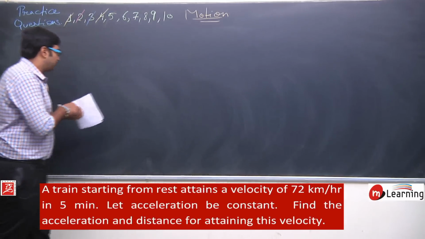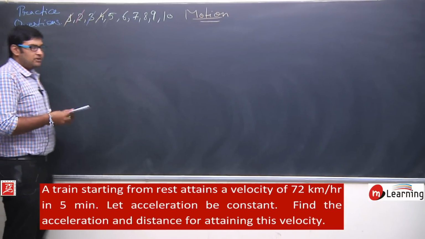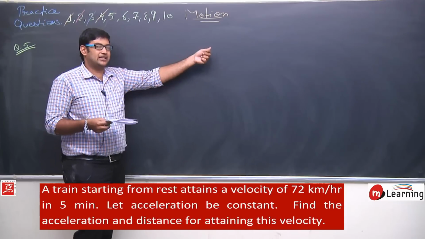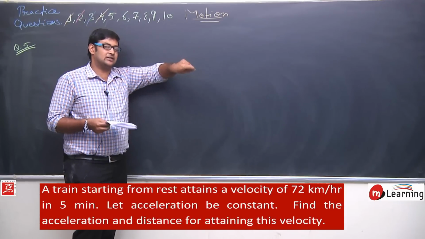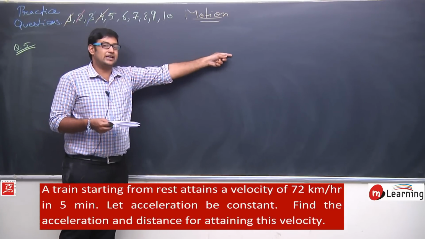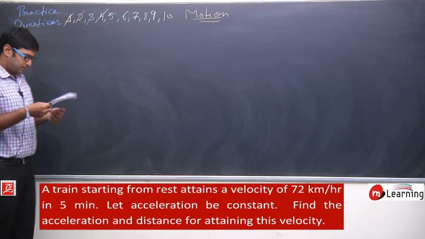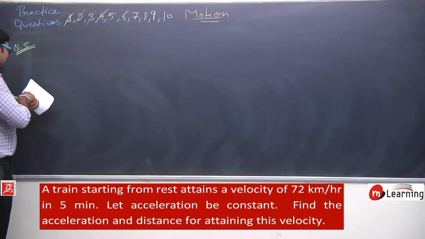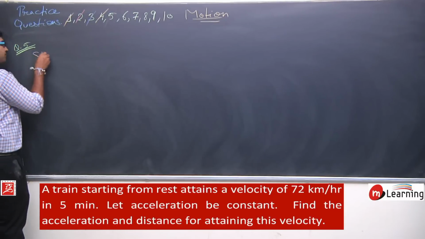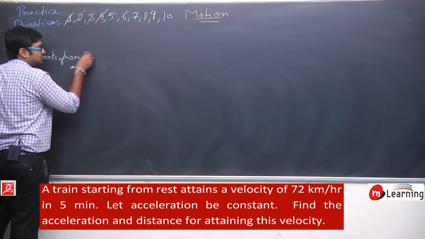Okay, so question number 5. Previously I had written by mistake the question number 4 as question number 5. So the question which we did here was question number 4. Now we are doing question number 5. It says that the train starts from rest.